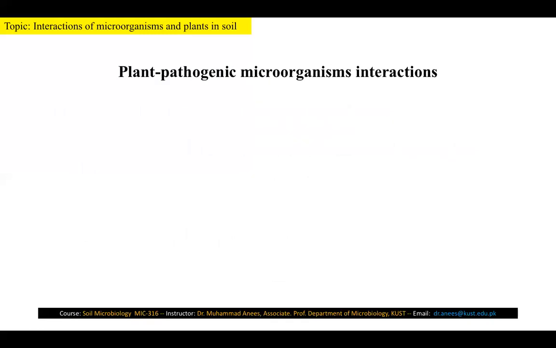Now this was all about the beneficial interactions. There can be some other interactions also, but these are the major types. Now we discuss the pathogenic interaction between microorganisms and plants.